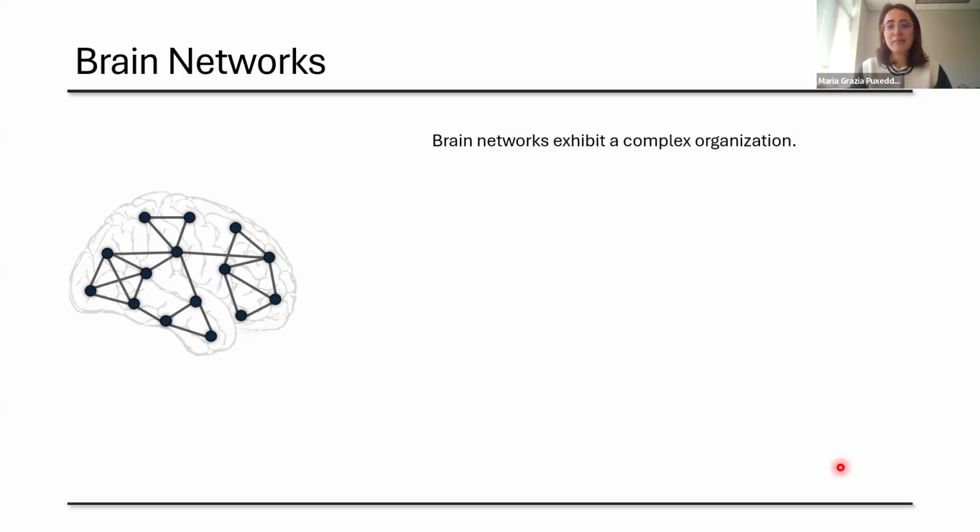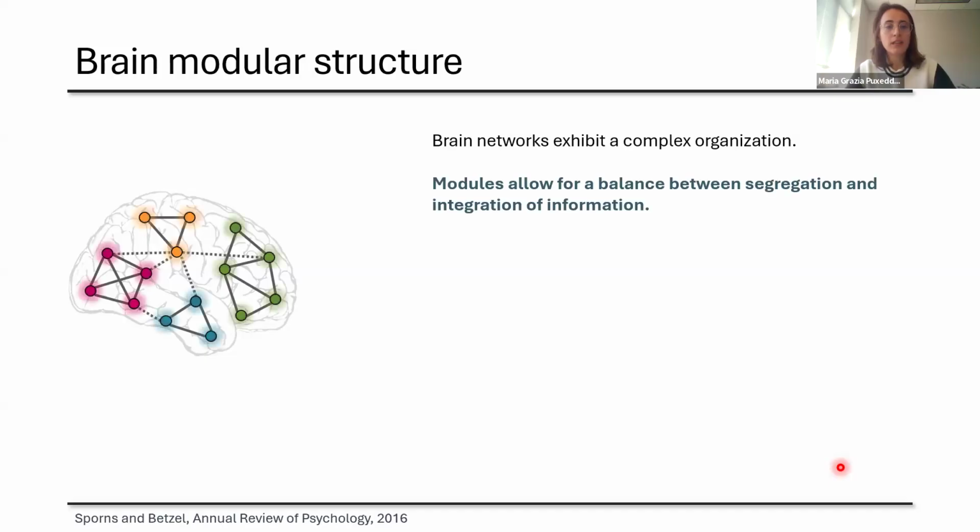It's something in between. Okay, it's a complex system. And one feature of this complex organization is the presence of modules or clusters. These are groups of nodes that are highly interconnected to each other.